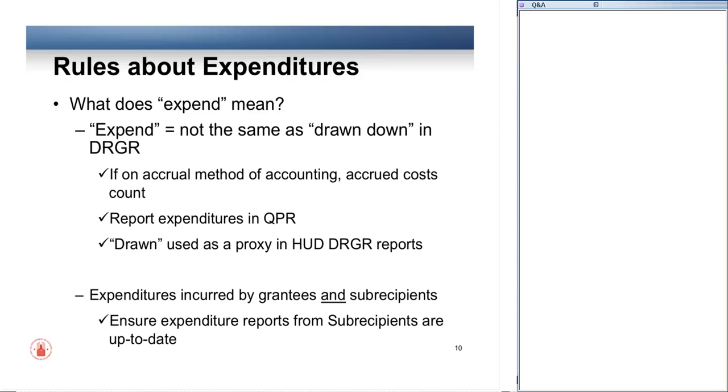So some of you may have gotten those letters and thought, oh, well, with my program income, I'm over 100% expended. But you got the letter and were a little surprised. That's because your drawdown and your expenditure rates are different. So you need to go into DRGR and clean up your QPR to make very clear what exactly you've expended. So I'm going to turn it over to Paul now.